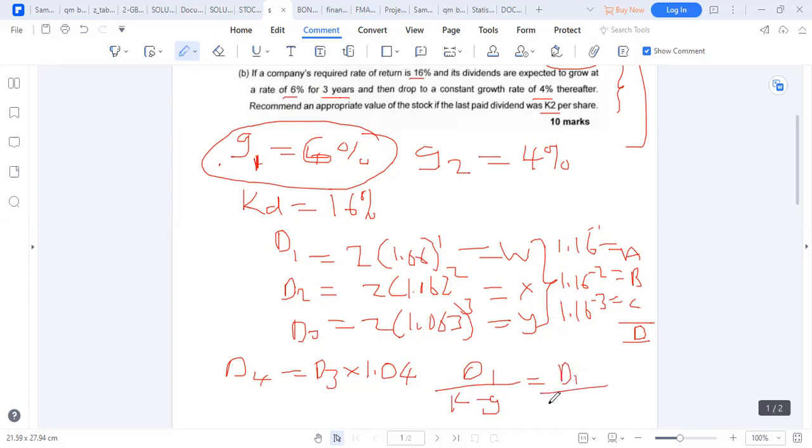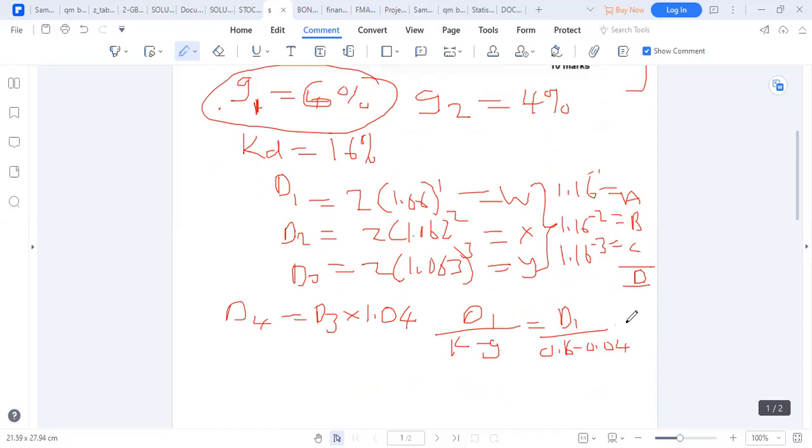Good. So 16% minus 4%, which is 12%. So the value that we're going to get here, Z, is the price as of year 3. What do we do to this Z? We discount it 3 years backwards.